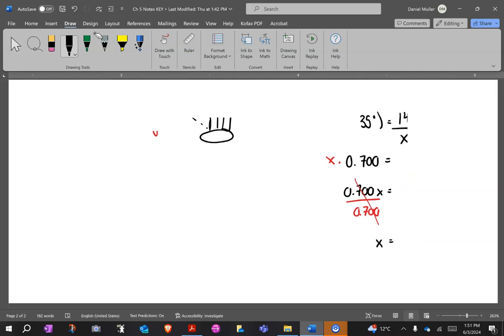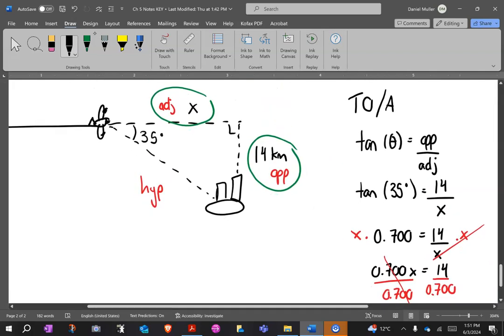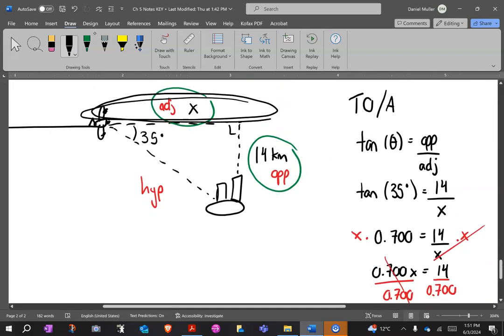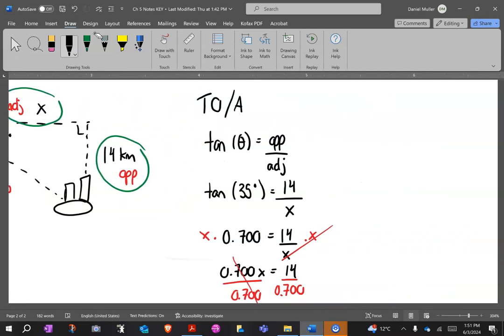So what were we asking again? What is the distance that it would have to travel before the plane is right over the city? And the answer is 20. And it looks like our units are kilometers.